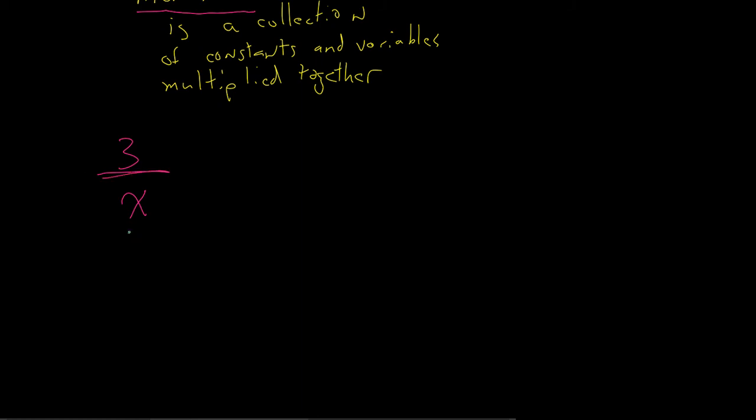Just this. 3x squared is a monomial. Notice they're connected by series of multiplications. Additions and subtractions do not connect them together. Negative 3x y to the fifth z.